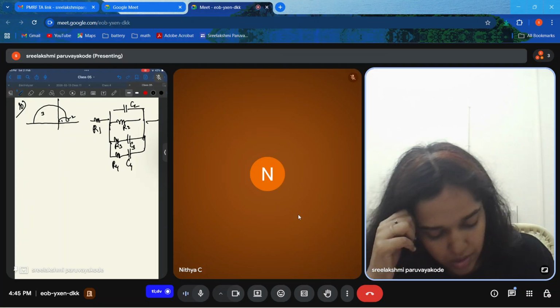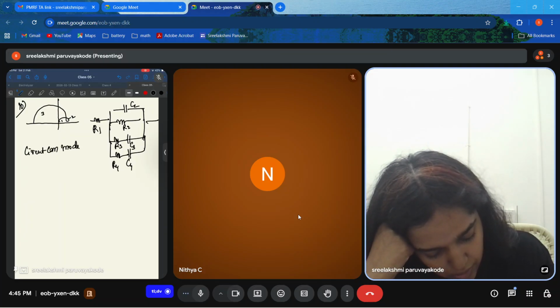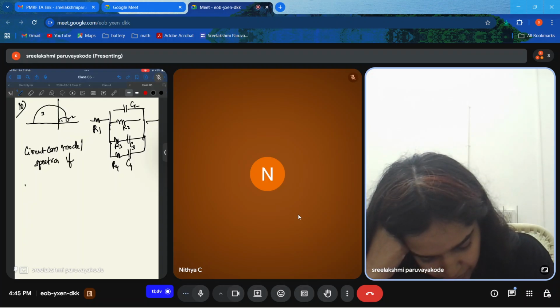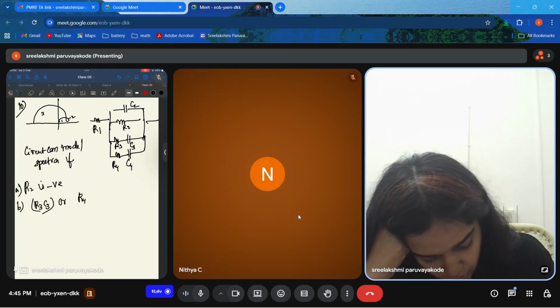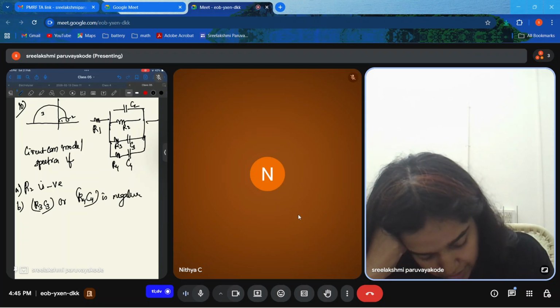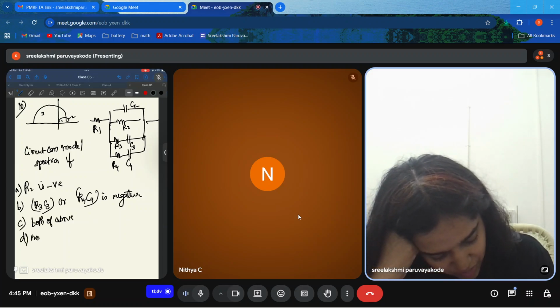Now, the question is, the circuit can model the spectra if: option A, R2 is negative; option B, R3, C3 or R4, C4 is negative, that is, either one of them is negative; option C, both of the above; option D, none of the above.